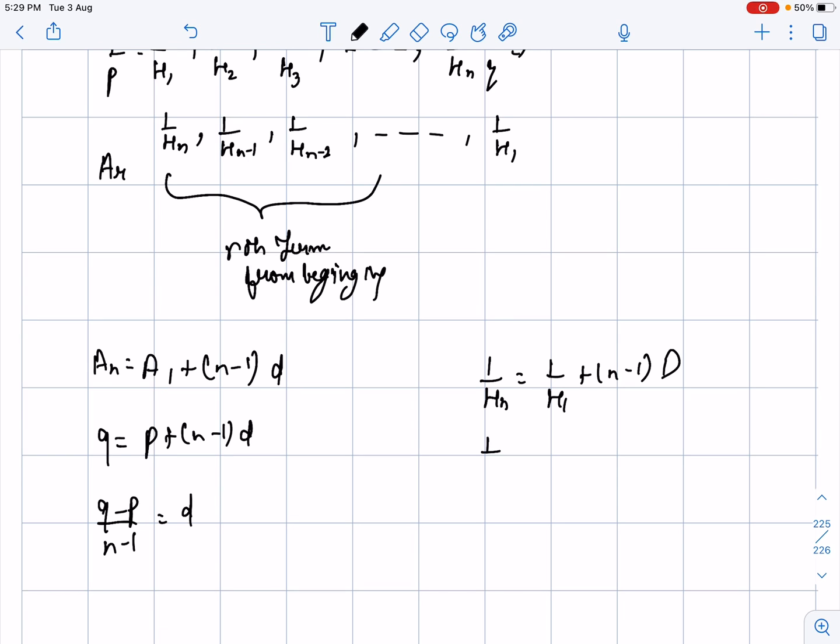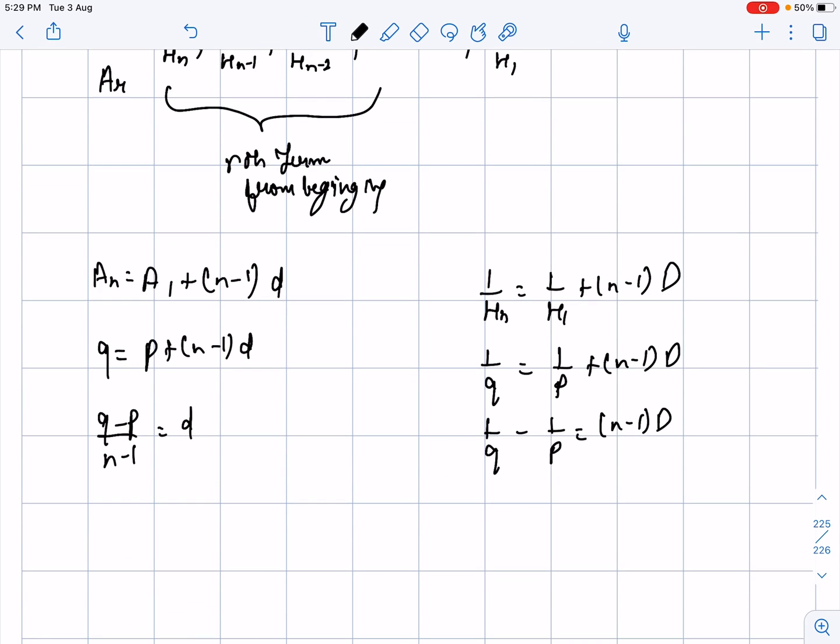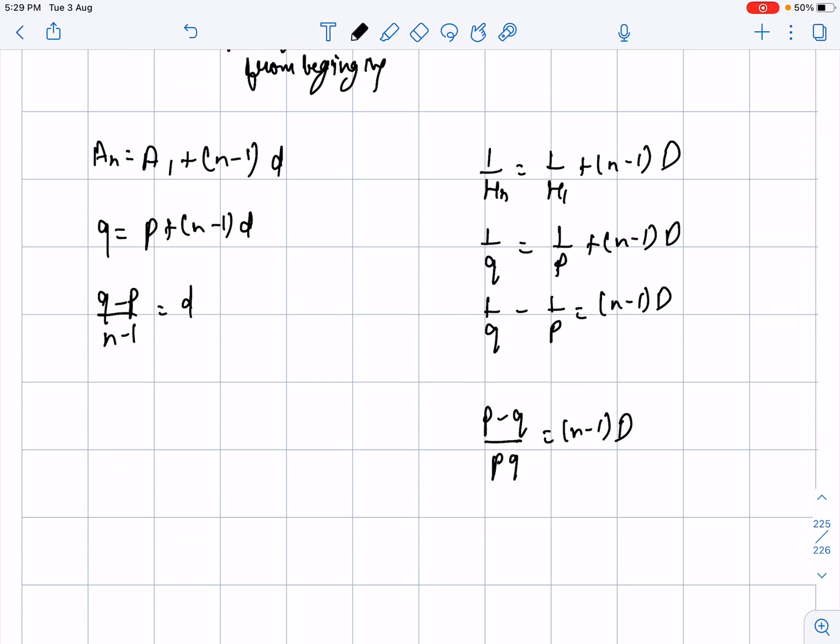And 1 upon q is equal to 1 upon p plus n minus 1 times capital D. That means 1 upon q minus 1 upon p is equal to n minus 1 times capital D. That means p minus q divided by pq is equal to n minus 1 times capital D. So p minus q divided by pq multiplied by n minus 1 is equal to capital D.